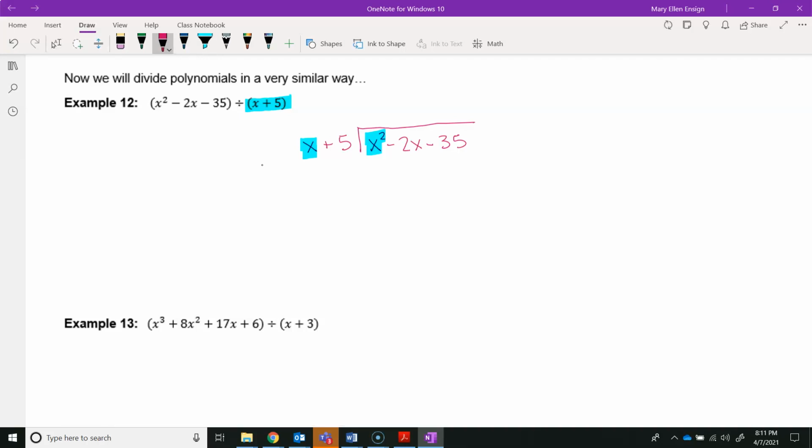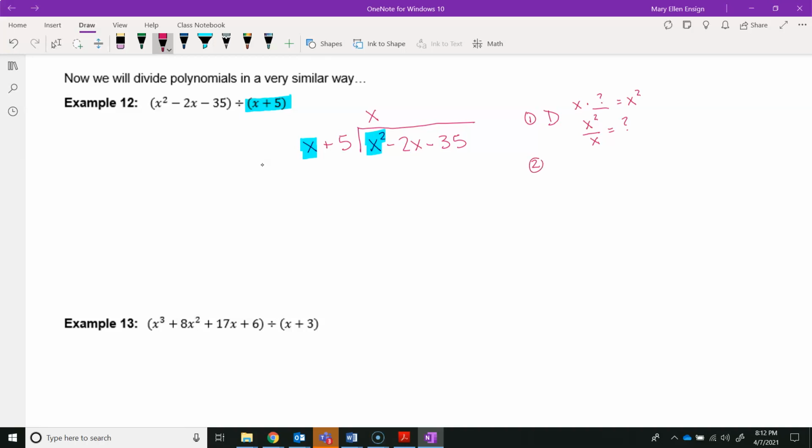And again, I could think of it 2 ways. I can either think x times what equals x squared, or I can think, okay, x squared divided by x equals what? Right? Either way, whether I think of it as like what's missing, or if I use the quotient rule, 2 minus 1 is 1, either way, this becomes an x up here. So there's my division. I'm going to put D here for divide.